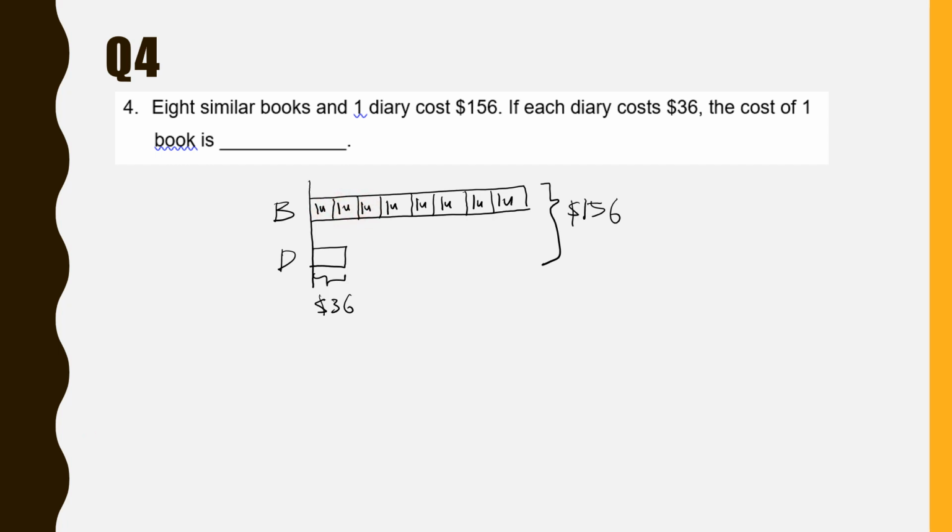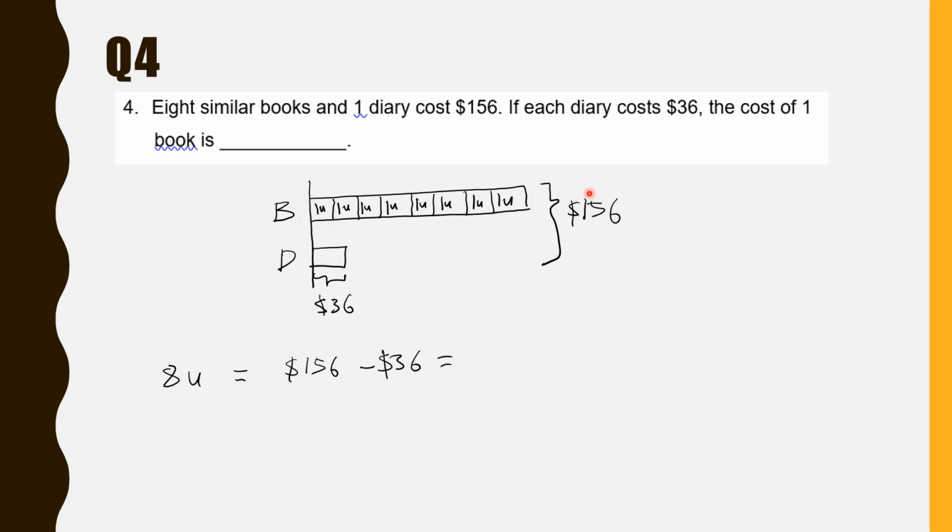So this one is a comparison model with a given total and a given part. You can solve this in 2 steps. First, you will take $156 minus $36. And I'll actually go further and label this as 8 units, because these 8 units belong to the 8 units over here.